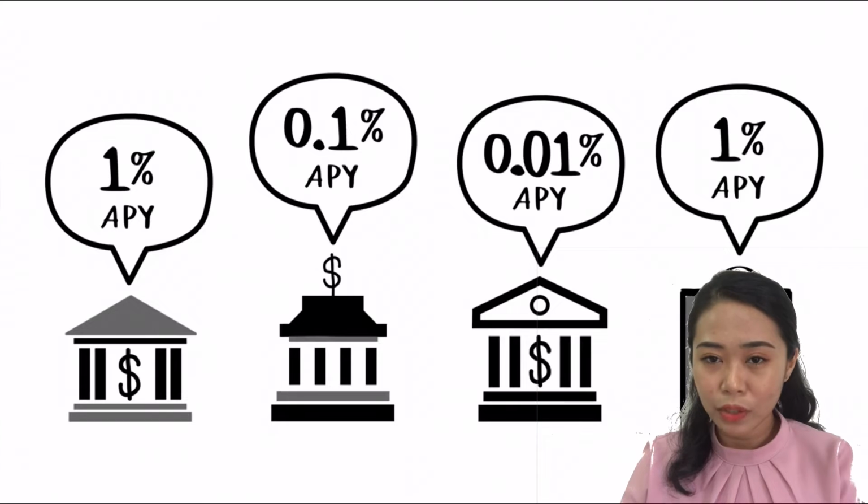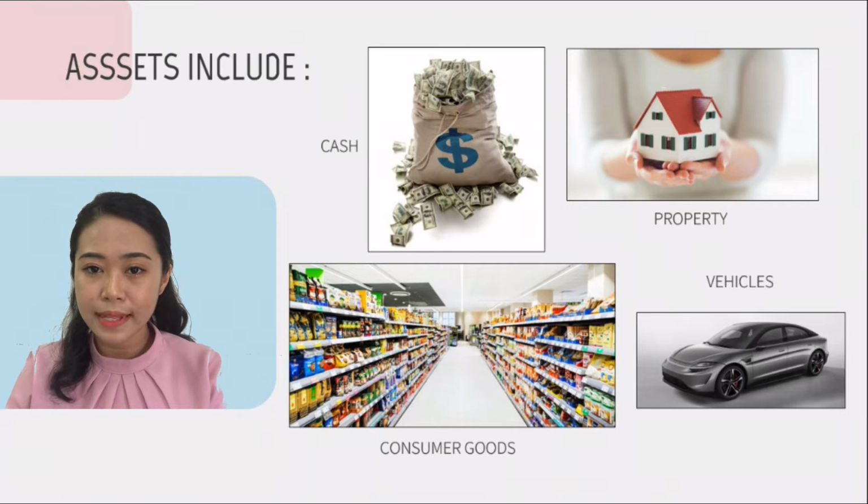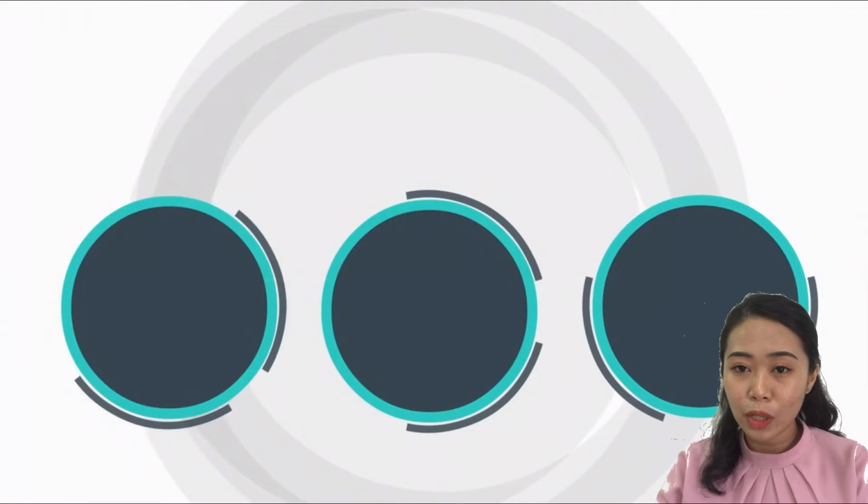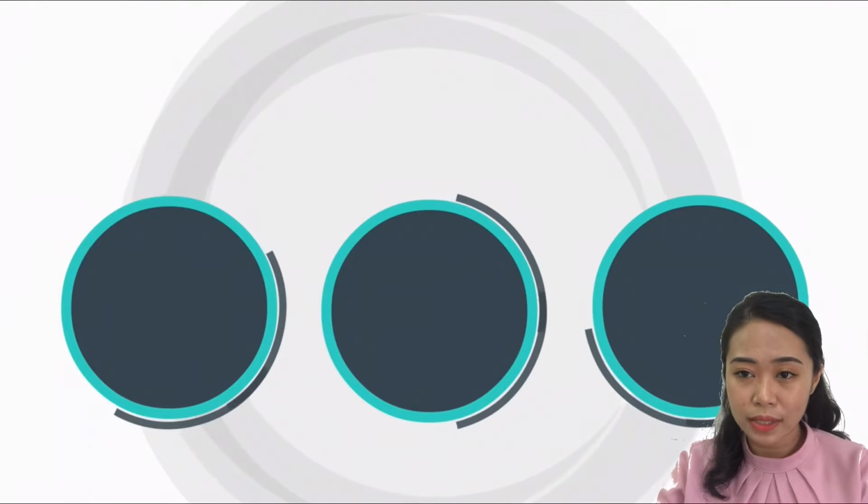To understand interest rate, it is essentially charged to the borrower for the use of an asset. Assets borrowed can include cash, consumer goods, vehicles, and property. Interest rates apply to most lending or borrowing transactions.